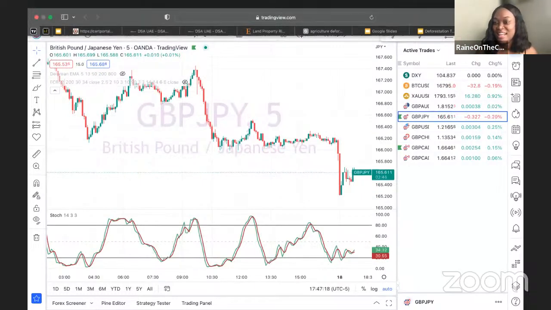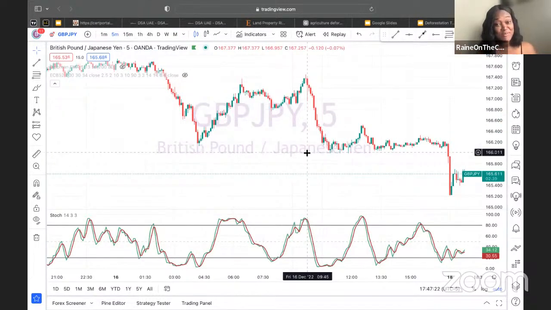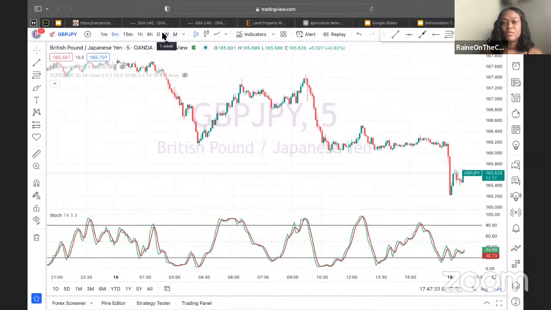All right. So here we have my favorite pair, GBP/JPY. These are the different time frames that I typically look at: monthly, weekly, daily, 4 hour, 1 hour, 15 minute, 5 minute.